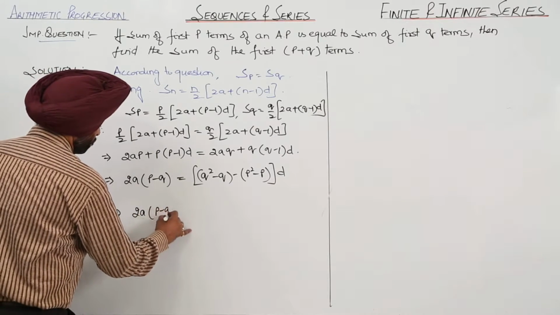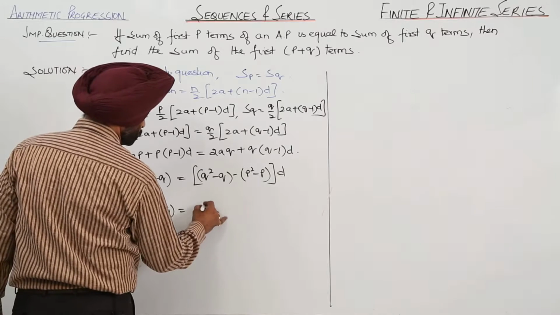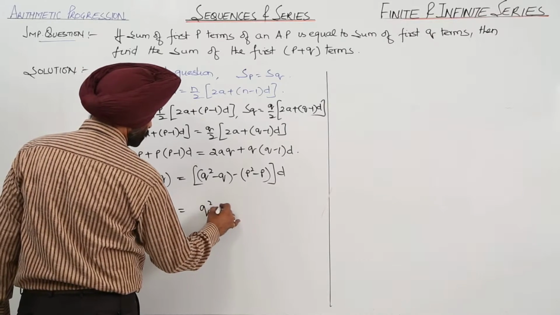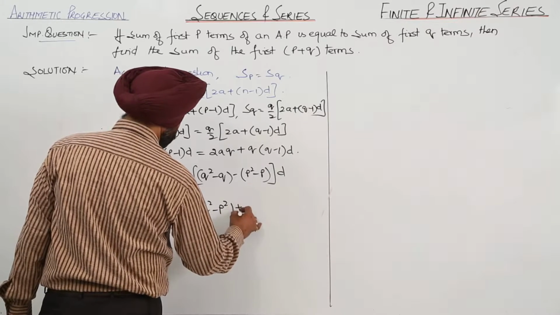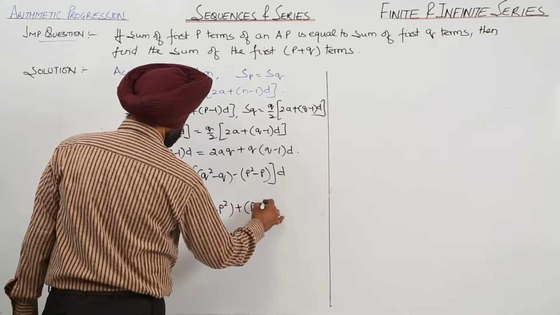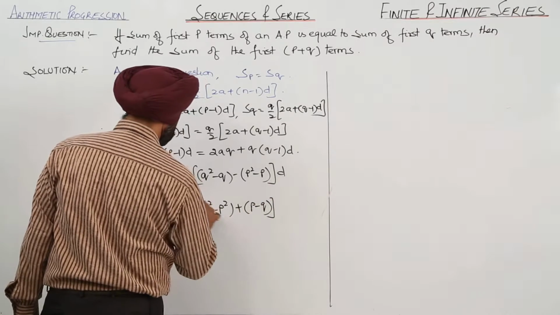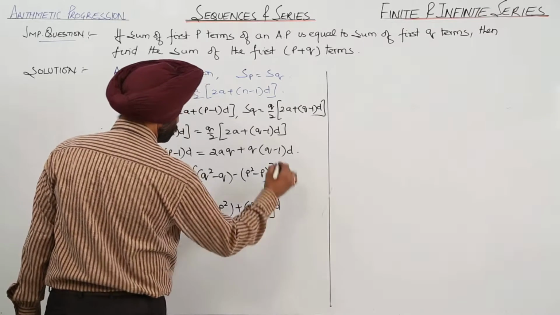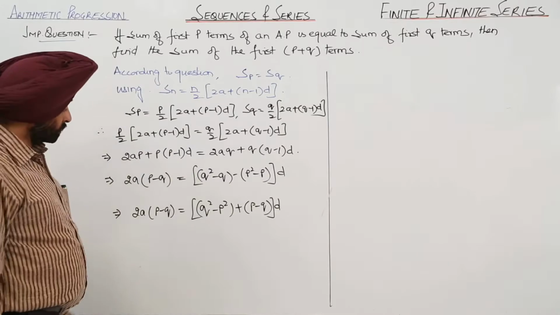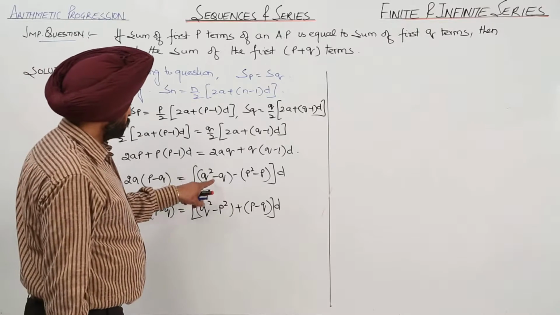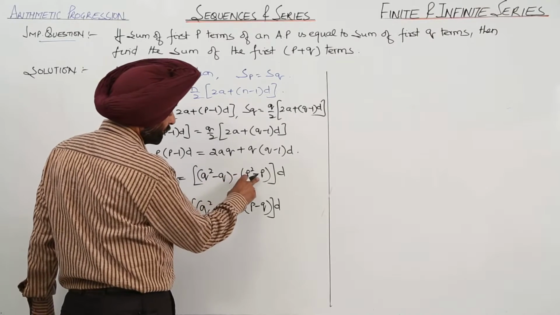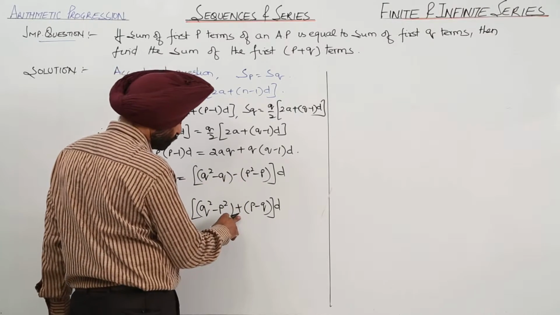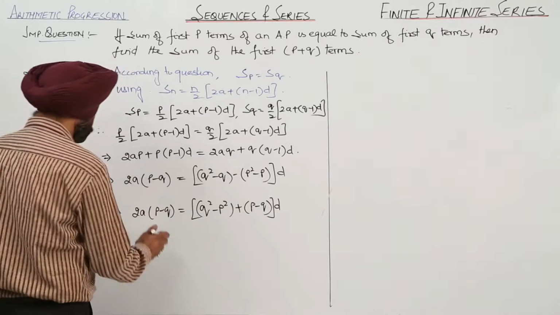So 2a(p minus q) is equal to, now can we write it, q squared minus p squared plus p minus q with d. Okay, so here we are having negative of q, negative and negative positive, so that's why plus p minus q.